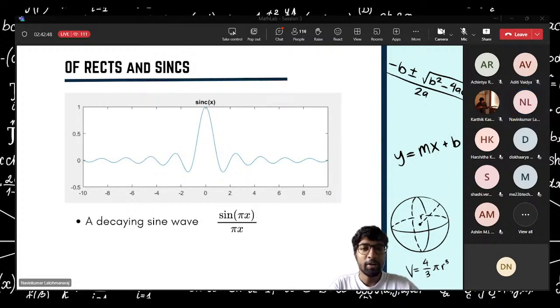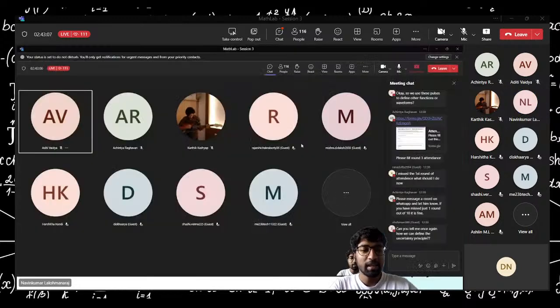And the consequence is, when you try to find the variance of these functions from -infinity to infinity, the one that is spread out will have a larger variance and the one that's limited will have a smaller variance. But it just so happens to be such that the product of these two variances is always greater than a particular quantity. And that is how you can arrive at the uncertainty principle.